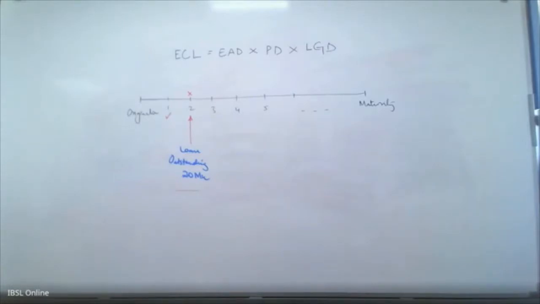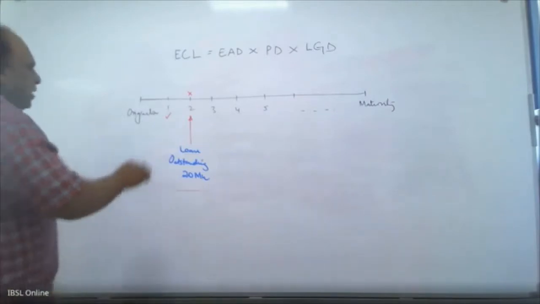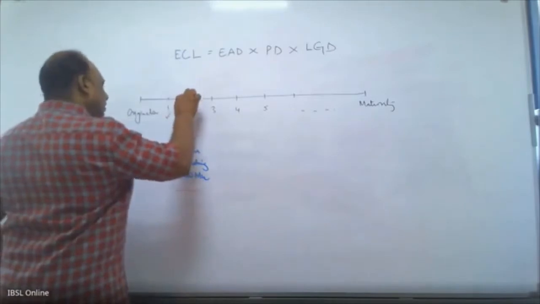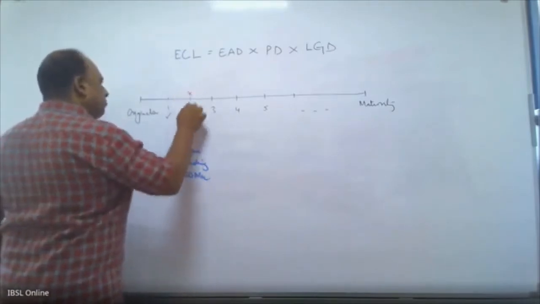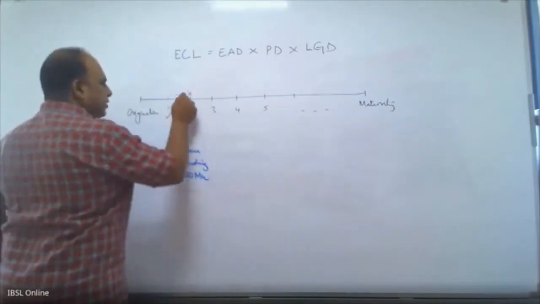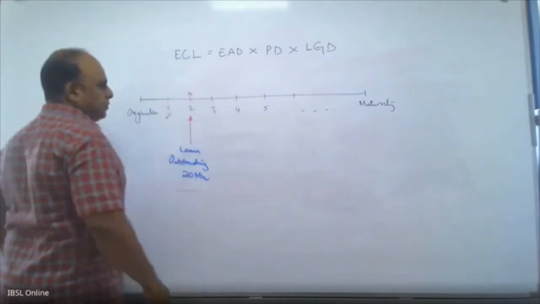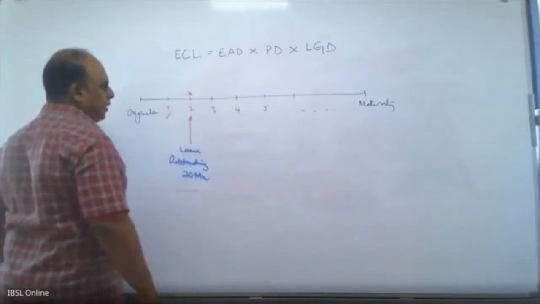Now, what do you mean by exposure at default? So exposure at default means this is now the default point, or this is the point where there is an indication. Default point is starting.